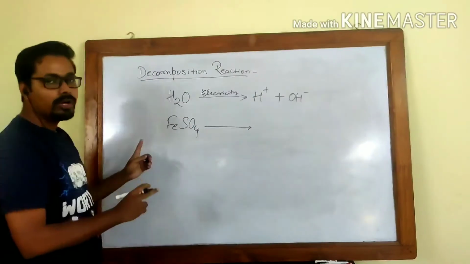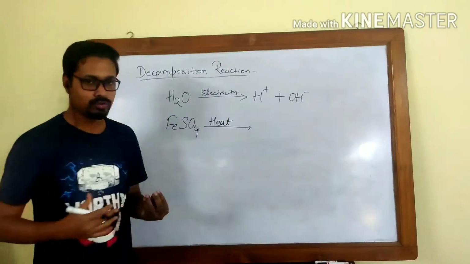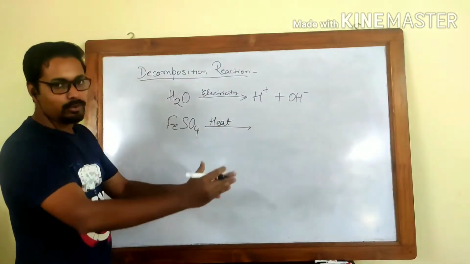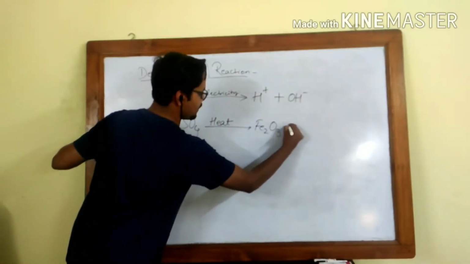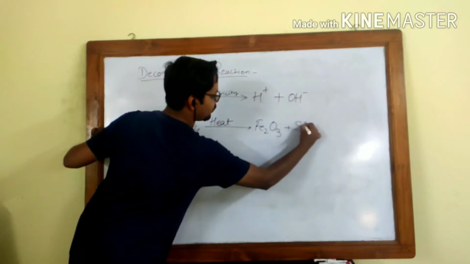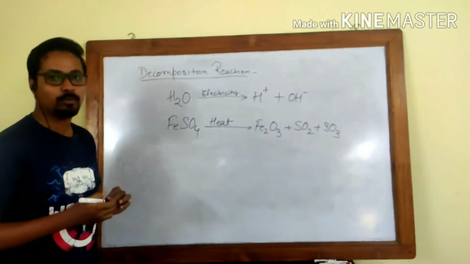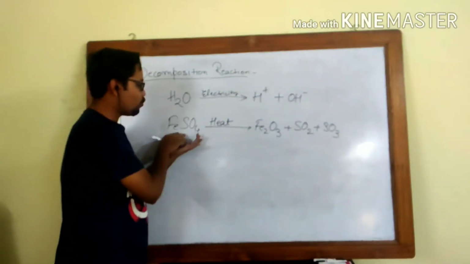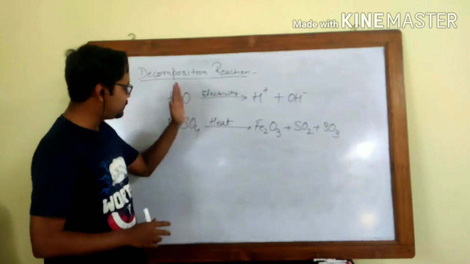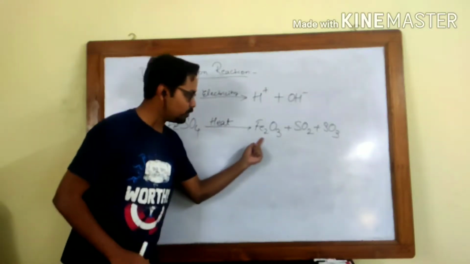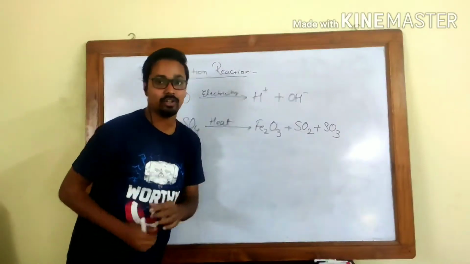When we apply heat to this, heat as a source of energy, then it breaks down to give ferric oxide, Fe2O3, plus sulfur dioxide and sulfur trioxide. So this is another decomposition reaction. Here we have taken one reactant which is ferrous sulfate, and we are providing heat so that it breaks down to give Fe2O3, which is ferric oxide, sulfur dioxide and sulfur trioxide.